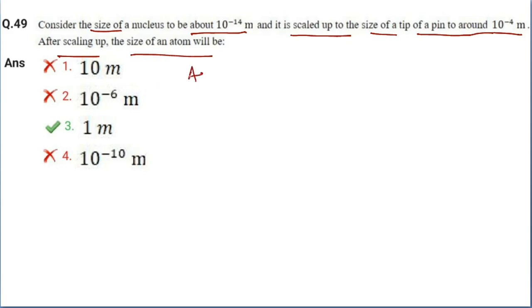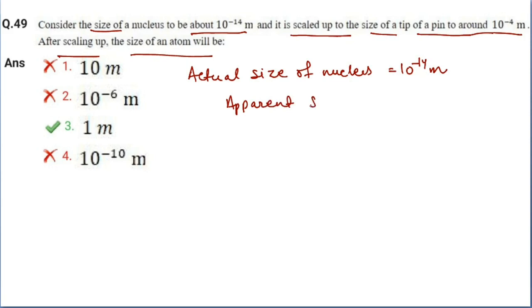So let's say the actual size of the nucleus is 10 to the power minus 14 meter. It is scaled up to the size of a tip of a pin, around 10 to the power minus 4 meter, meaning the apparent size is 10 to the power minus 4 meter. Scaled means it is magnified.